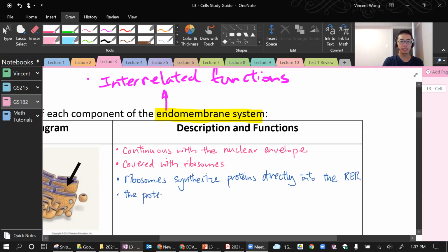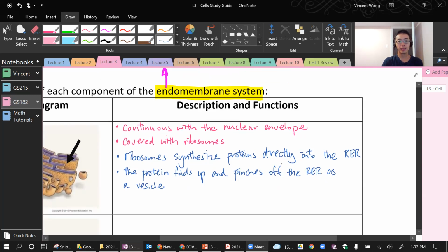The protein folds up, right, into a secondary, tertiary, and maybe quaternary structure, and pinches off. The rough ER has a vesicle.